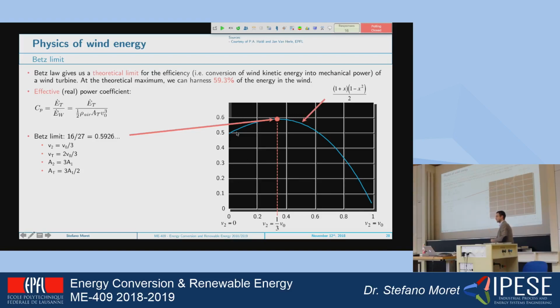And as you were asking before in your question, you can prove that at the maximum, the speed at the turbine will be exactly 2/3 of the initial speed. So it's not a linear decrease, but you have the full speed at the beginning, then 2/3 at the moment in which you pass the turbine, and then 1/3. So this is the maximum power.